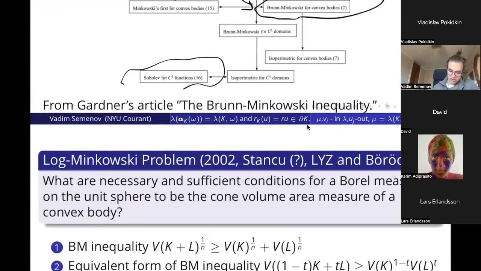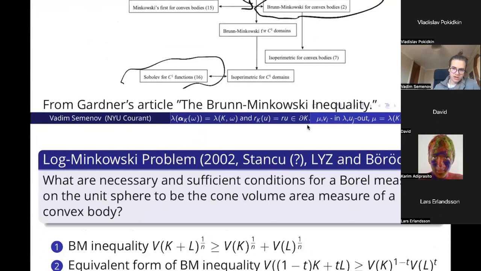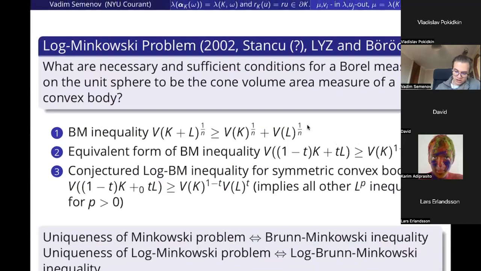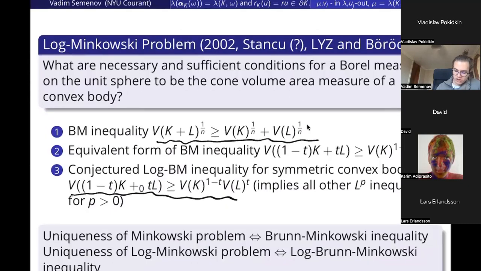Probably one of the main conjectures in convex geometry right now is the log Brunn-Minkowski conjecture. It has this form over here. This is the Brunn-Minkowski inequality, the standard one, where the sum is a Minkowski sum, and K and L are just convex bodies. If you play around with it, you can obtain this form, which seems stronger, but in fact is equivalent.